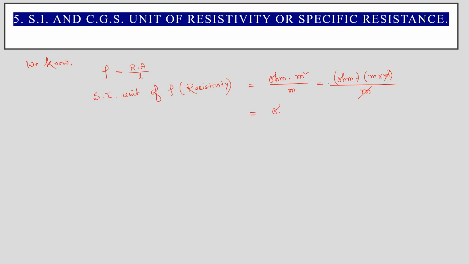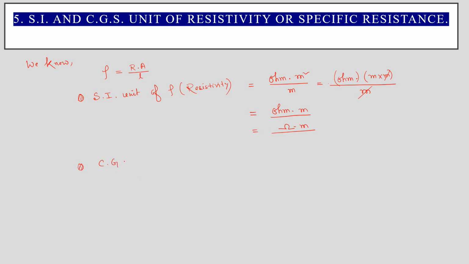Now the unit becomes ohm dot meter, or we can express ohm by its symbol and write ohm meter. Both are correct, whichever you write in the examination paper.